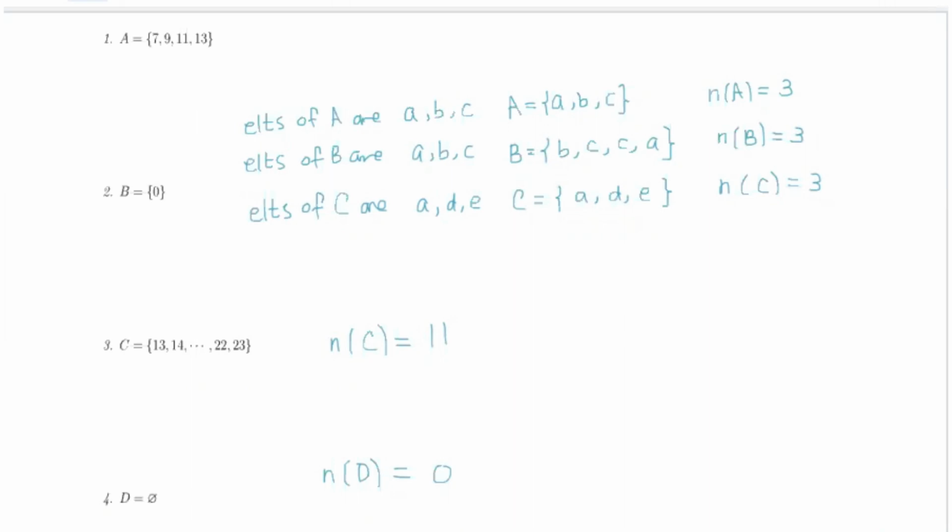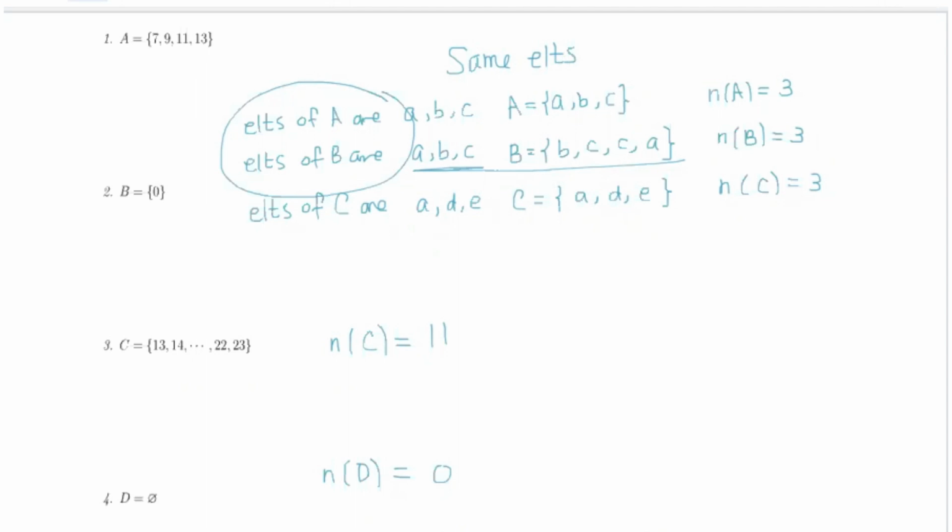Okay, so as you see, elements of A and B are the same. Agree? Even though they are written in different ways, set A and set B have the same elements.